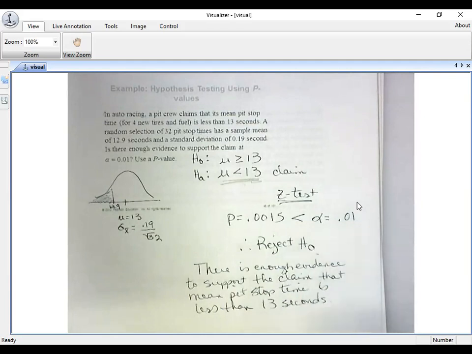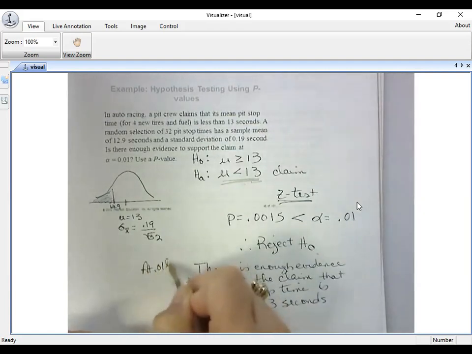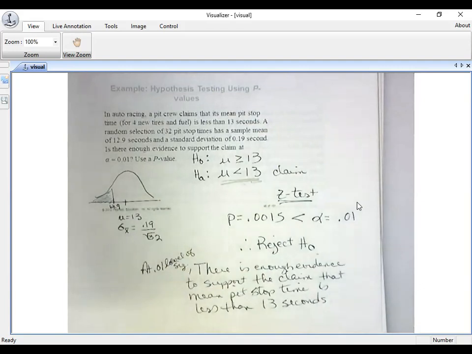And we used what? Yeah, so if you said at the 0.01 level of significance, there is enough evidence to support the claim that the mean pit stop is less than 13 seconds. You've got everything you would need written down there. Does that make sense?